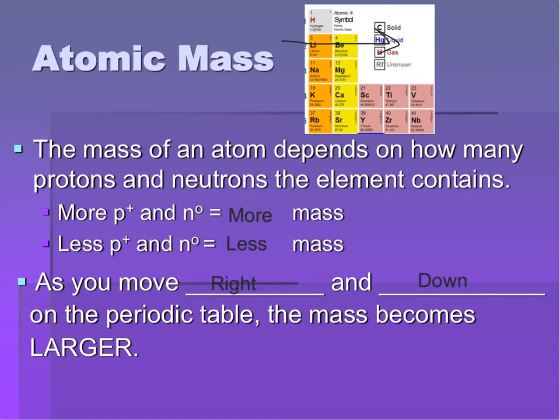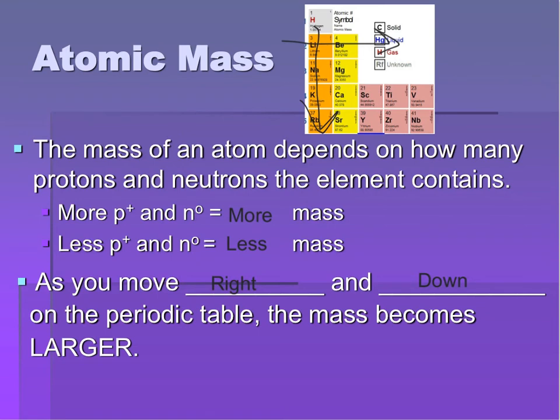And then you'll also notice as we go down, our atomic mass increases. So lithium is 6.94, sodium is 22.98, potassium is 39.09, rubidium is 85.47, and so therefore your average atomic mass also increases as you go down.